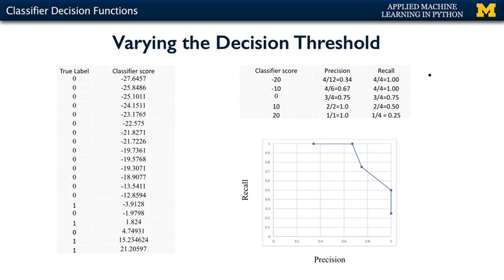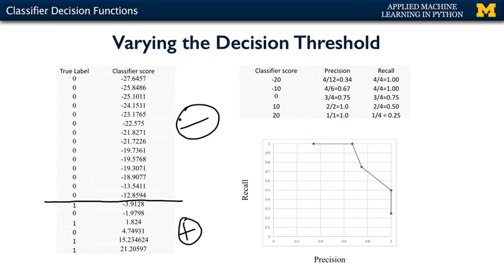Let's pick a different threshold. Let's look at what happens when the threshold is -10, right here. Anything below this line has a higher value than -10, so those would be treated as positive predictions. Things above the line have a score below -10, so these would be predicted to be negative. And again, we can compute a precision and recall for this decision threshold setting.